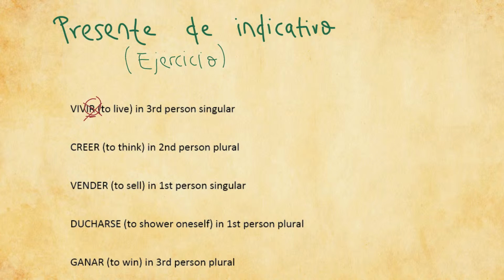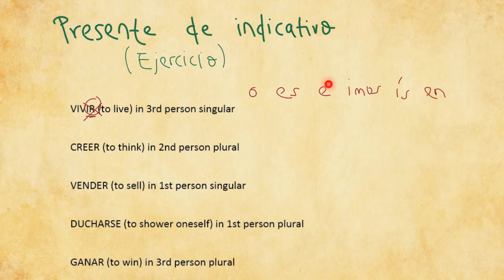So let's recap the correct endings or the correct suffixes for IR ending verbs. These were o, es, e, imos, is, en. So I'll just write them out. O, es, e, imos, is, en. And right here they want third person singular.